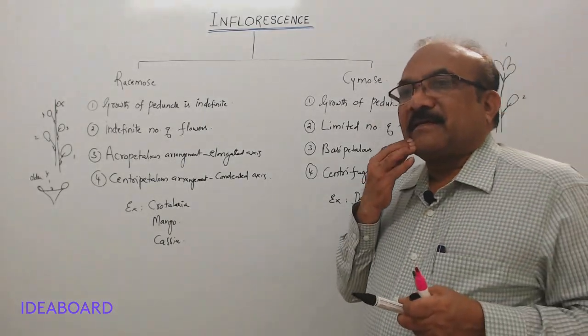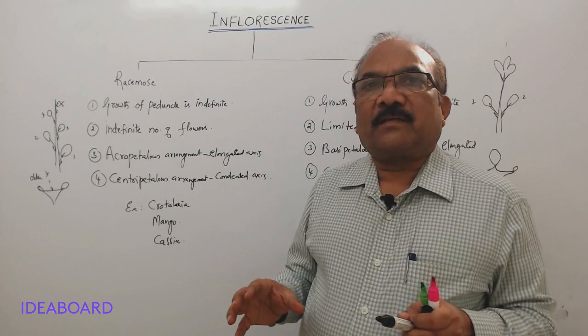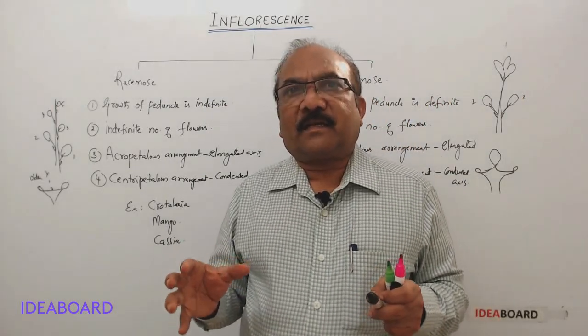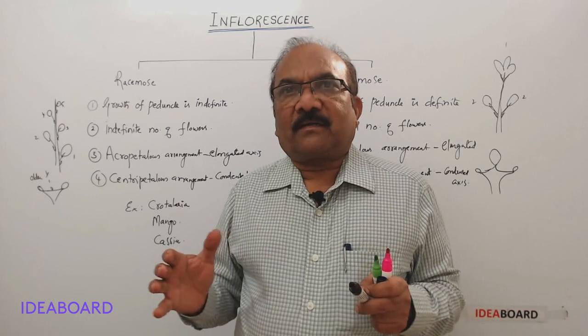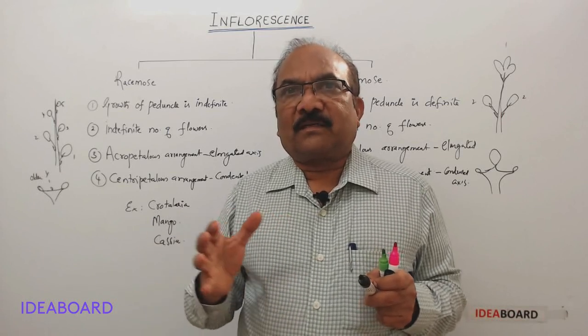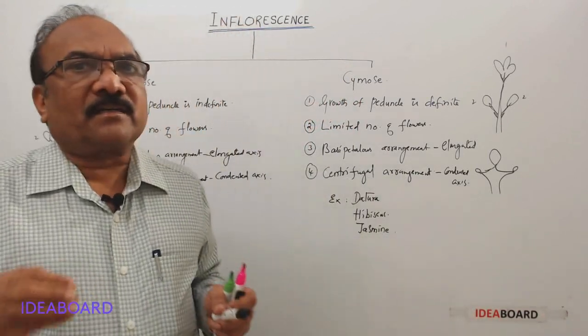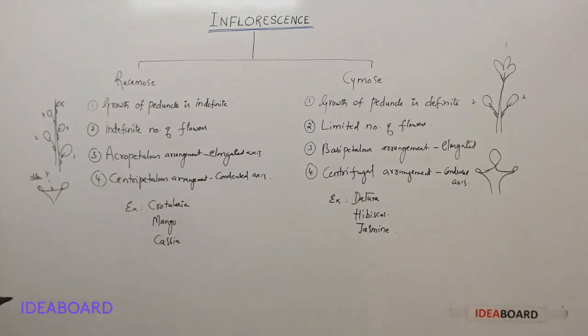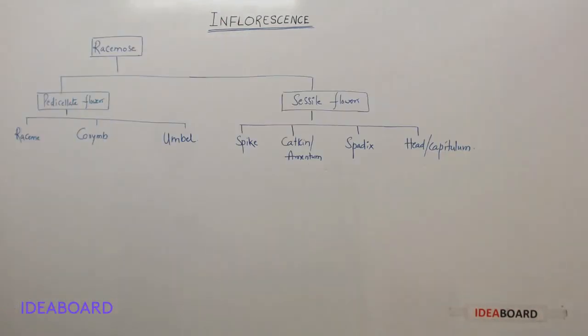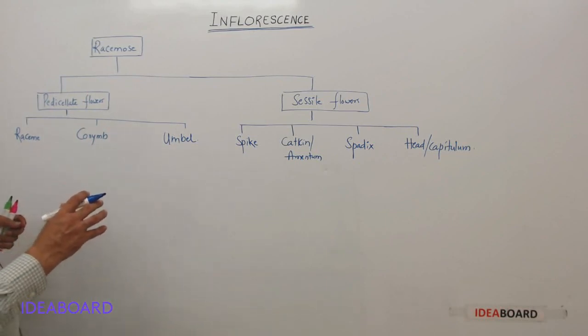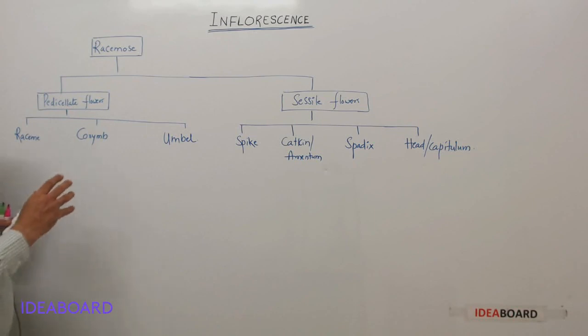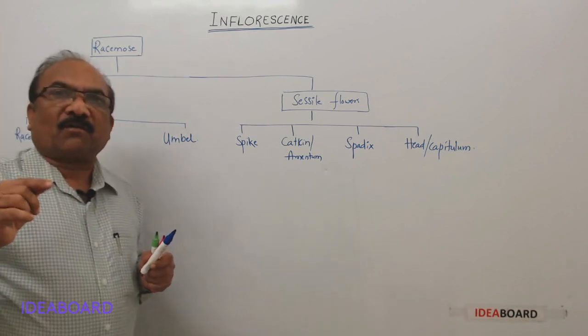Here are the examples, but in this video I would like to explain some details, additional information, but I will brief those different types of inflorescences which are not mentioned in our NCERT textbook. So first let us discuss racemose inflorescences, and we can classify them into two categories again based on the presence and absence of the stalk of the flower.